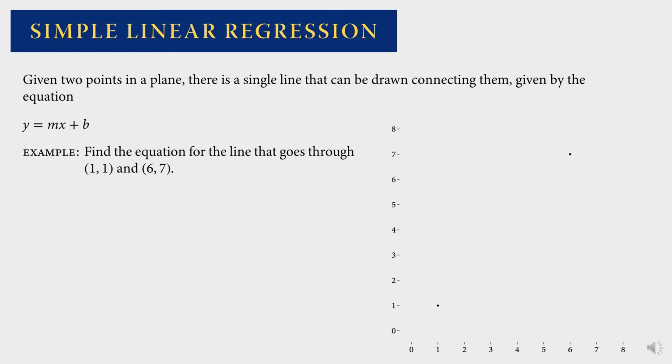You can draw a line between any 2 points. Hopefully you remember the equation for a line, which is y equals mx plus b. If you have 2 points, you can find m with y2 minus y1 divided by x2 minus x1, then plug in one of the points to find b.